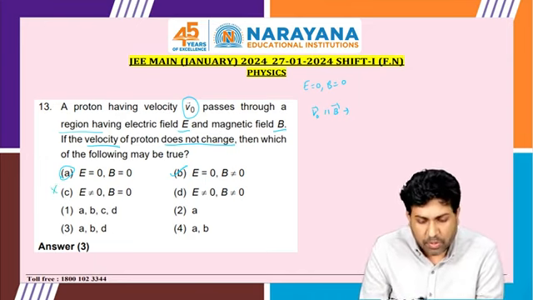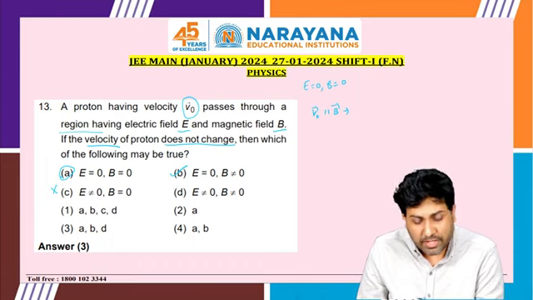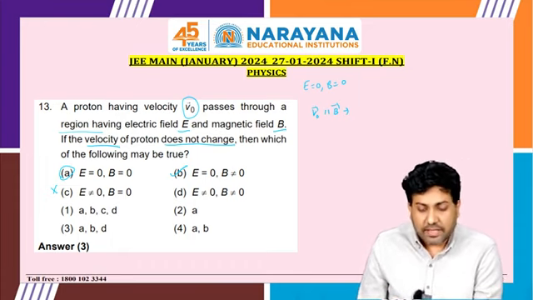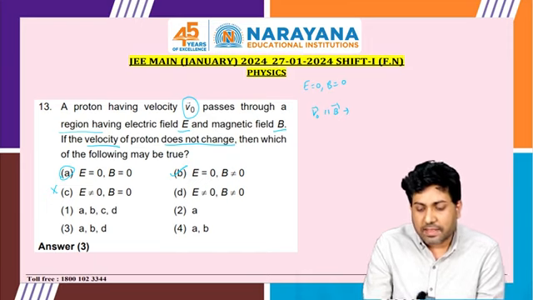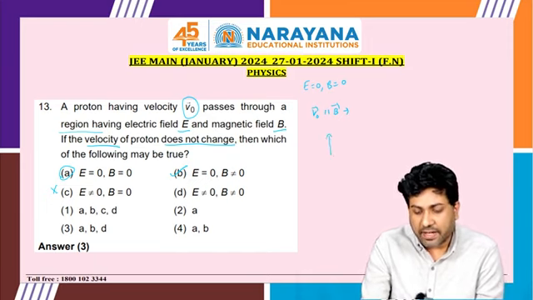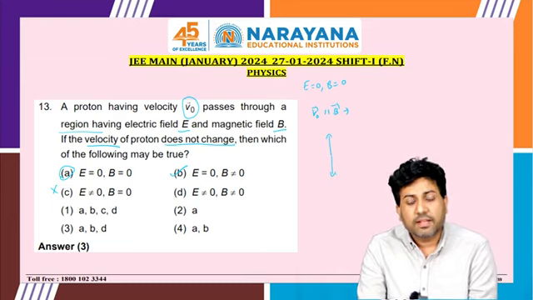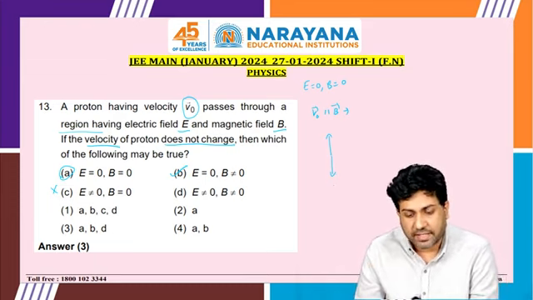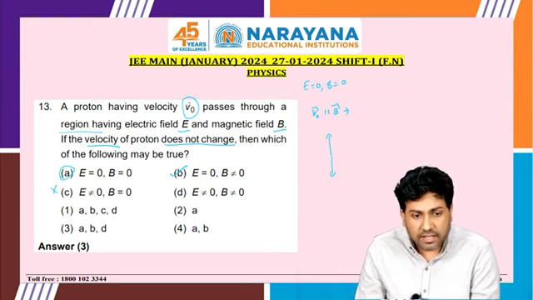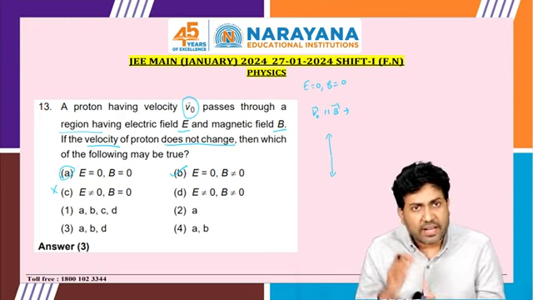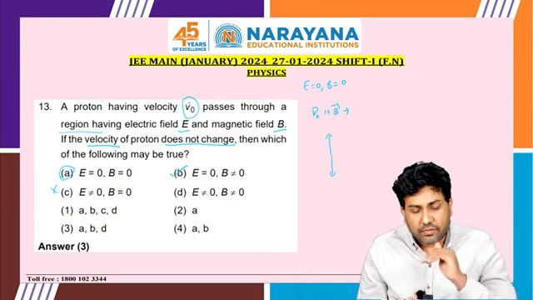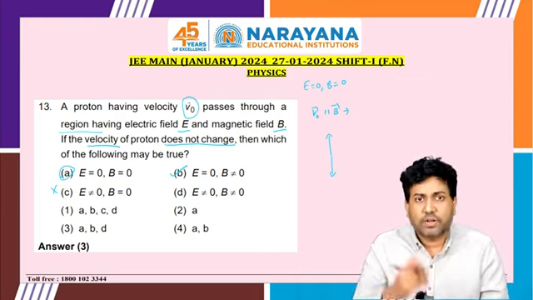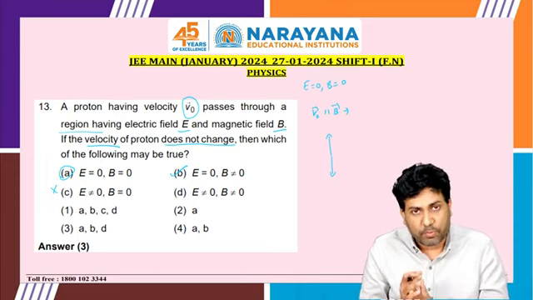And let's look at the next option. If E is not equal to 0 and B is also not equal to 0. Now there can be one case when the force due to electric field and the force due to magnetic field balance each other, which you must have studied in a velocity selector. In a velocity selector, the magnetic field and the electric field are adjusted in a way that the force due to magnetic field on the charged particle and the force due to electric field on the charged particle are equal and opposite.